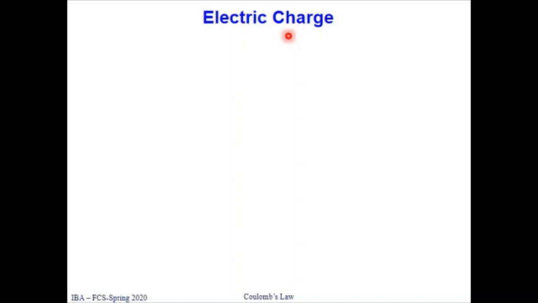When the same physical entity is transferred back again to neutralize the attraction when they come into contact, this physical entity is called electrical charge. And we're lucky enough today to understand this transfer on the basis of electrons that can be removed from the atom of one object and attached to the atom of the other object.